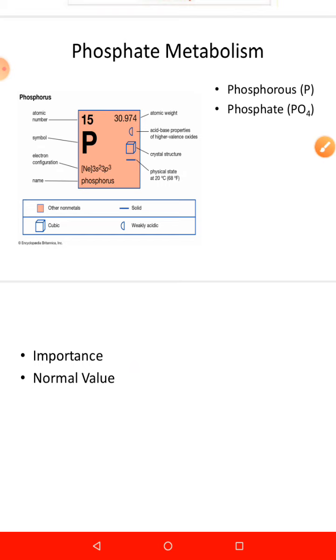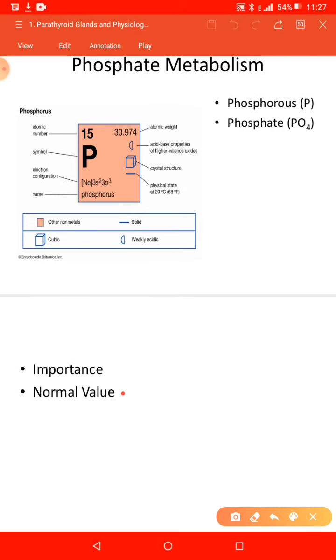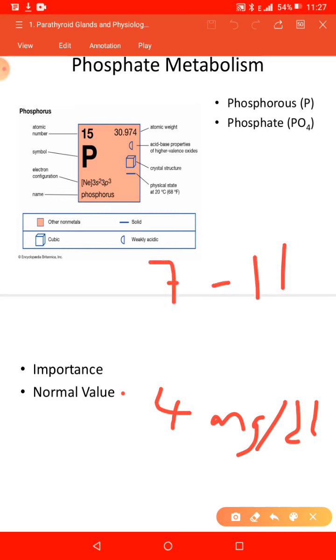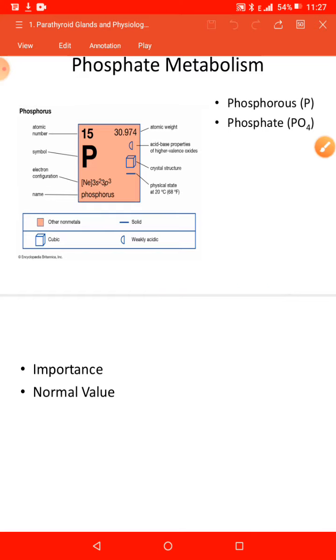The normal value of phosphate in a normal healthy person is about 4 milligrams per deciliter. But we saw the normal level of calcium is, I said, about 7 to 11 milligrams per deciliter.